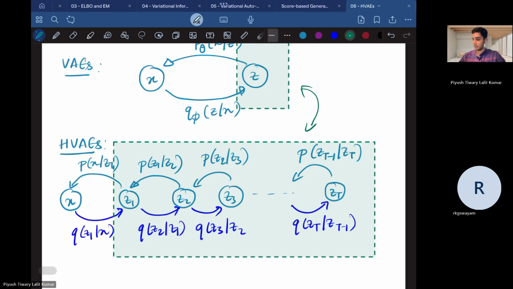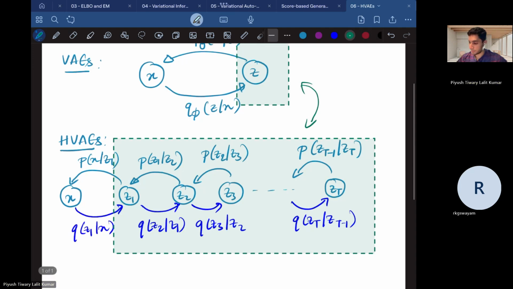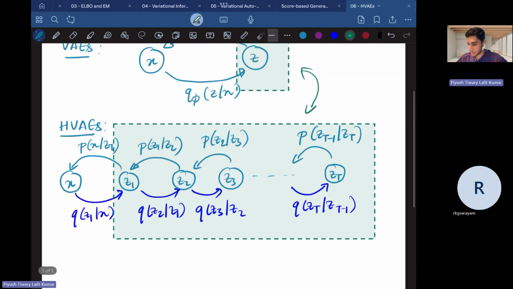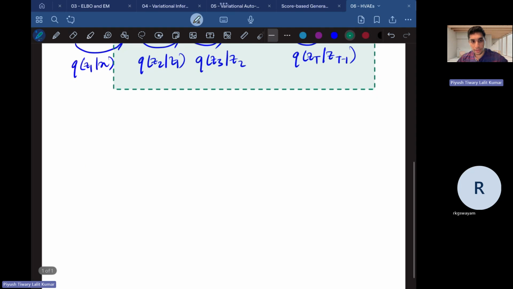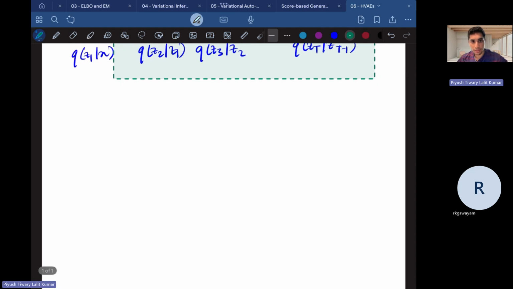Right. So let's try and see what happens with these kinds of models if you want to learn something like this. First things first, remember, always start with the joint distribution.